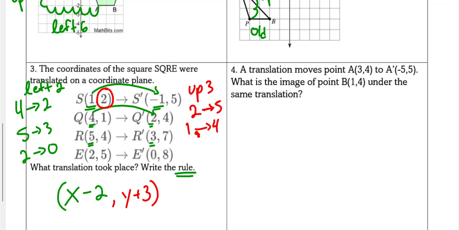All right, on number 4, translation moves point A to A prime. So I want to think about what's happening to get this new point. What's the image of point B, which is at 1, 4, under that same translation? So we're thinking about the same thing happening to B as whatever happened to A. So think about those x coordinates going from 3 to -5.